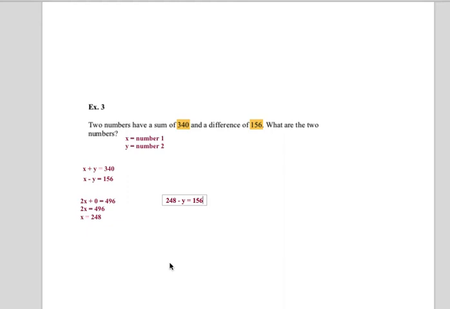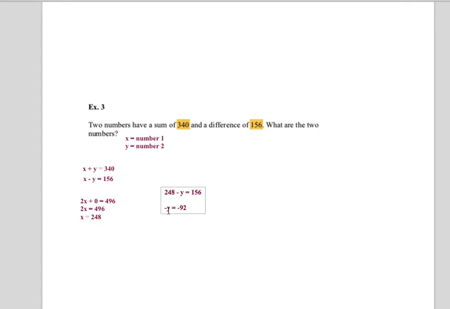And from here, we now have to get rid of this 248. So we're going to minus 248 from both sides. So 156 minus 248, we get negative y equaling negative 92. Now we can't have a negative y. We need to make it positive.